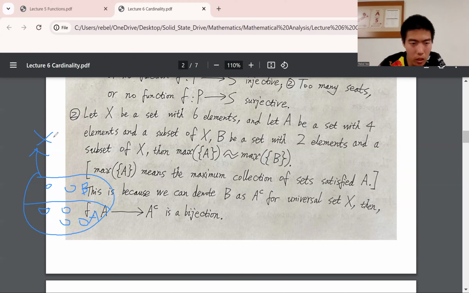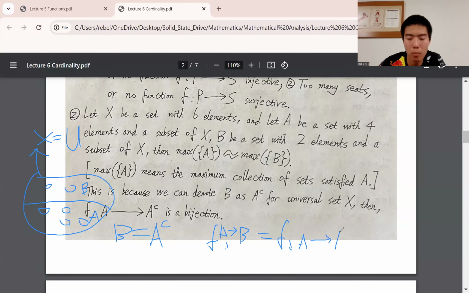Because if we use X as our universal set, then B can be written as A's complement, since B is all of the elements that are not in A. So the map from A to A complement is a bijection, because each complement is associated with only one set, which is the original set.